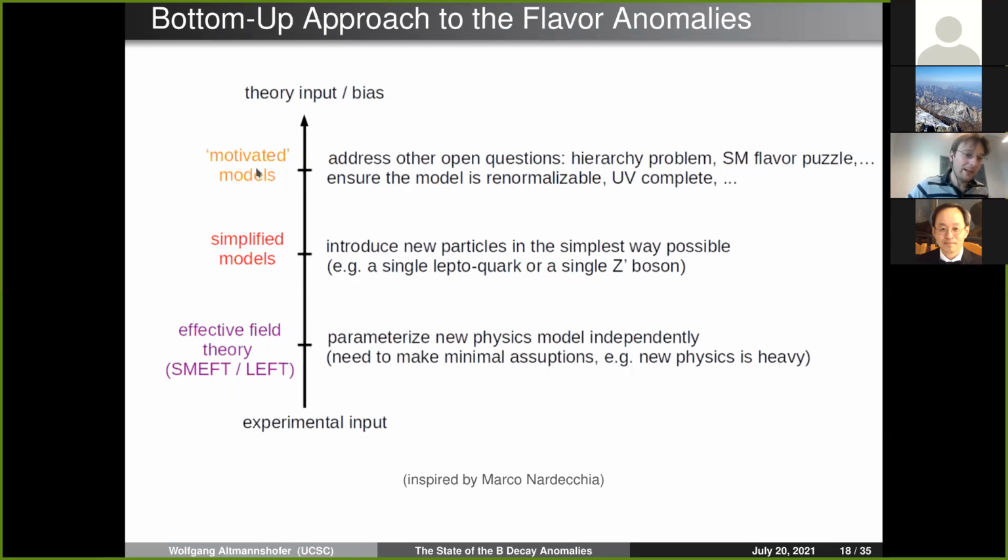Then eventually one would like to UV complete that into something more motivated, some full-fledged model which addresses also other open questions in particle physics, for example, the hierarchy problem, or maybe the standard model flavor puzzle, or maybe has a dark matter candidate, and so one wants to ensure that this model is generalizable, UV complete, and doesn't have any weird features left over.